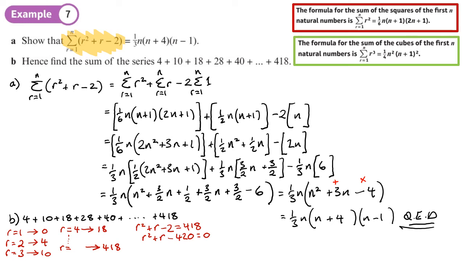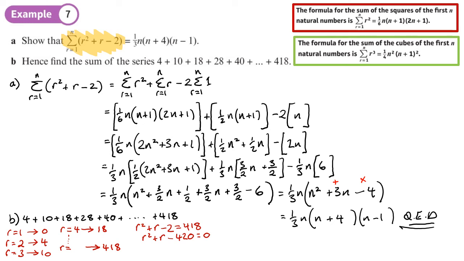I'm just going to use my calculator to solve it. So I'm going to go to A from the menu. I'm solving a polynomial of degree 2 where I've got 1 in front of x squared, I've got 1x, and then I've got negative 420, and I get x is 20 or x is negative 21.